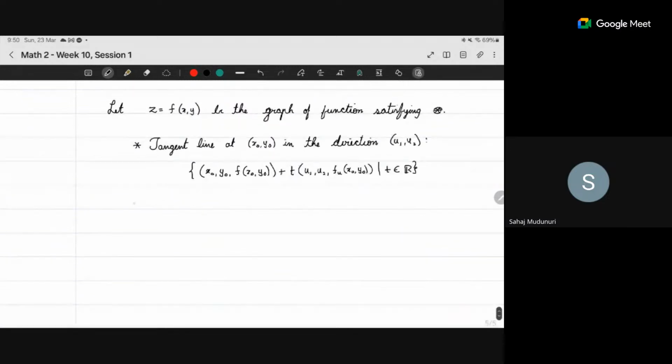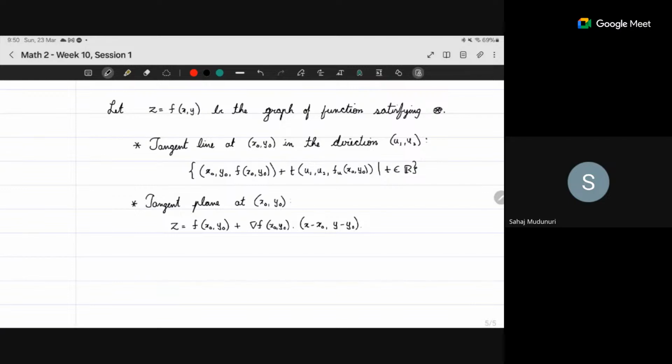But for the tangent plane, you don't. You just need a point. And that would be given by z is equal to f of x naught, y naught plus the gradient of f at x naught, y naught times this vector (x minus x naught, y minus y naught).